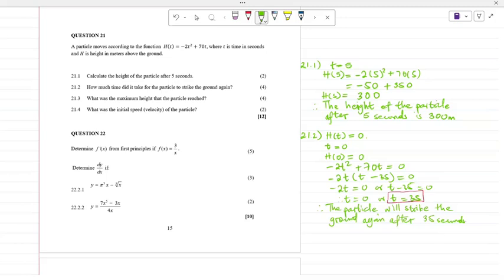So that's how we answer that question. The mathematicians, simple as that.